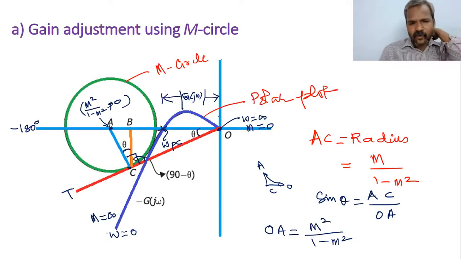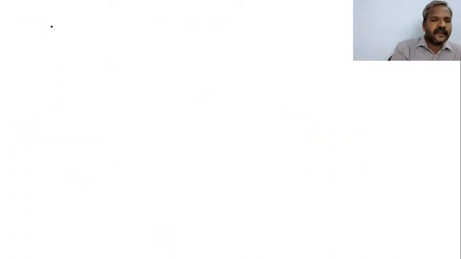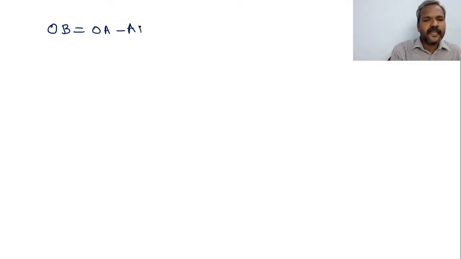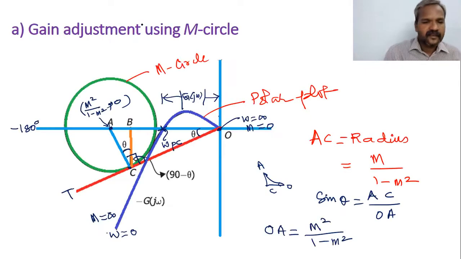So now what is OB? From O to B, OB equals OA minus AB. See here, this B and C is the normal point, the vertical point drawn from the tangent.